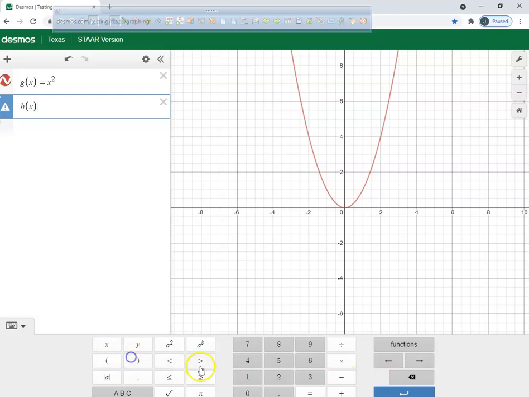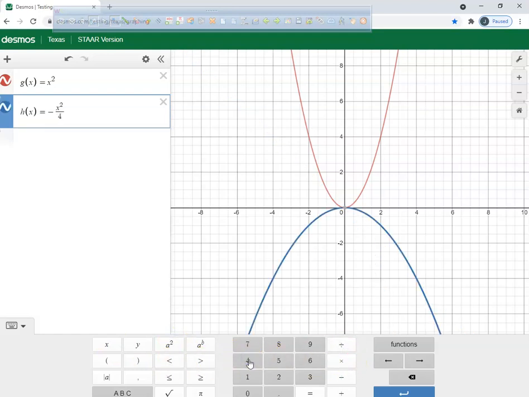H of x equals negative x squared divided by 4. Like that. There you go. Take a look at it. What's happened? It went from opening up to opening down. Which one's wider? Yeah, h of x is wider. It's been scaled, all right, by a factor of a fourth.